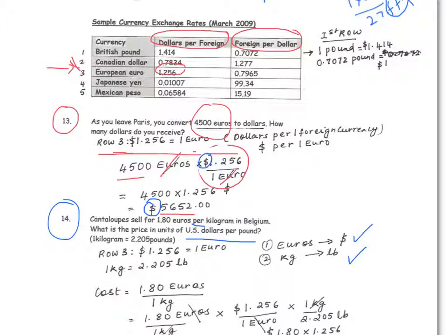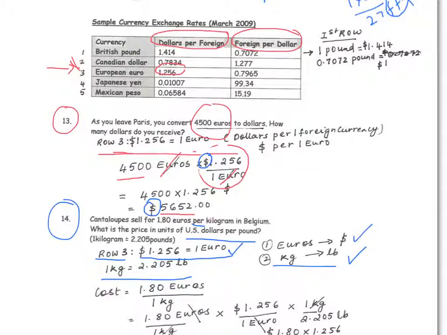So we need two conversion equations. Looking at row 3 again, we have $1.256 equals €1, and this equation will help us convert euros to dollars. The other equation is 1 kilogram is equal to 2.205 pounds, which is given to us, and that will help us convert kilograms to pounds.